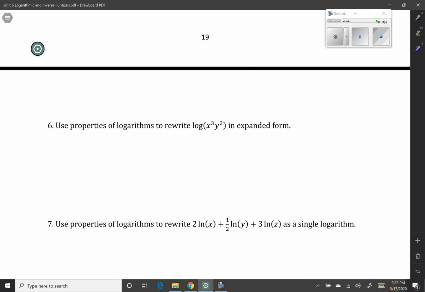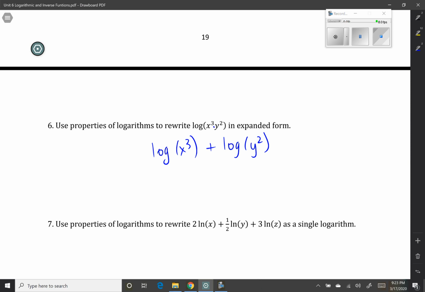Let's expand a couple logarithms. So if I take this logarithm of x to the third times y to the second, again, this is a common log. We call it a common log because there's a base of 10 here. Well, I could instantly rewrite that and say, well, that's log of x to the third plus log of y to the second. The reason why I can do that is because these two expressions are multiplied.